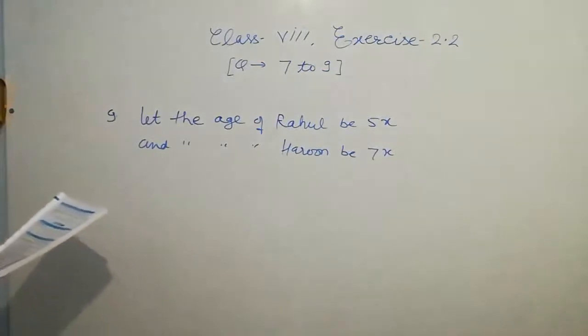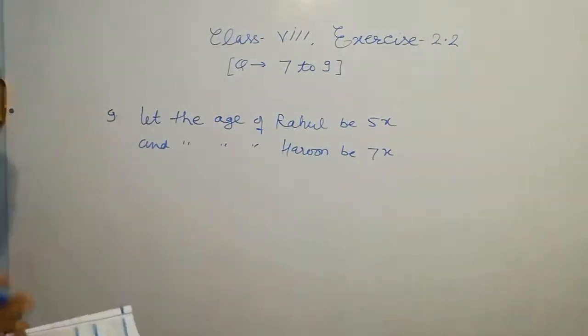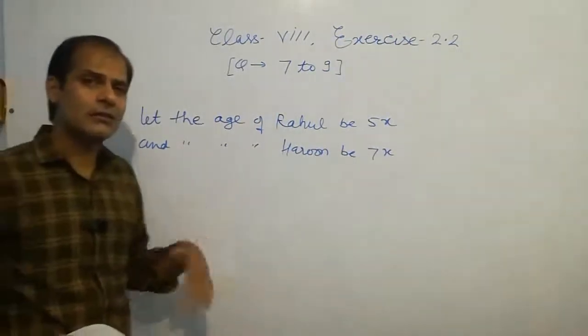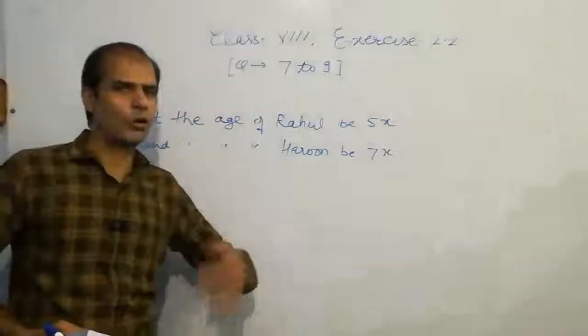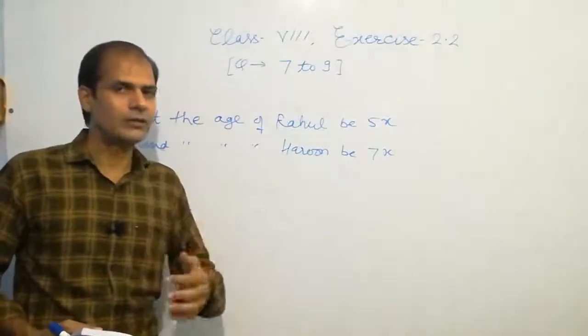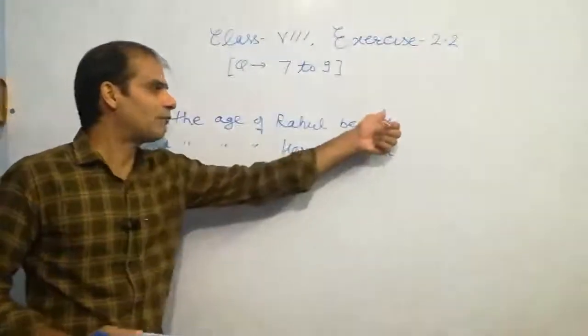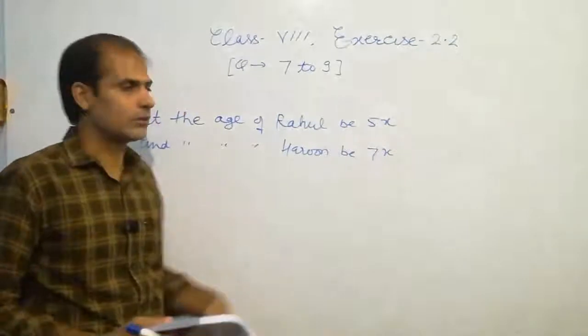Okay, 4 years later means after 4 years. So after 4 years they will be elder, means after 4 years they will become a little older. Okay, not younger, they will be elder. So we will add 4 to both these.